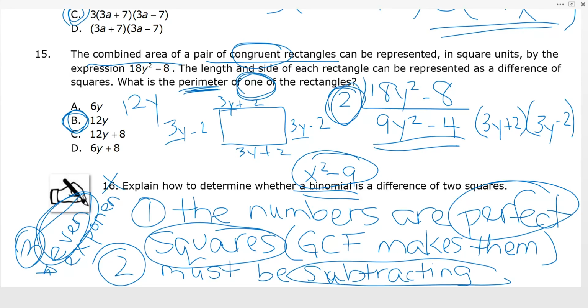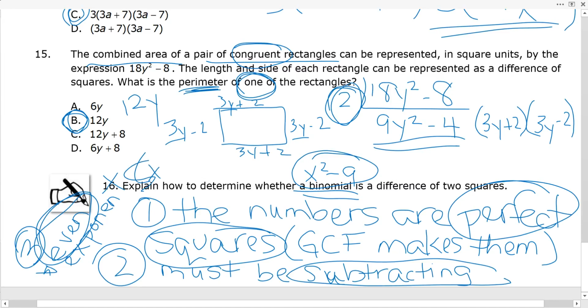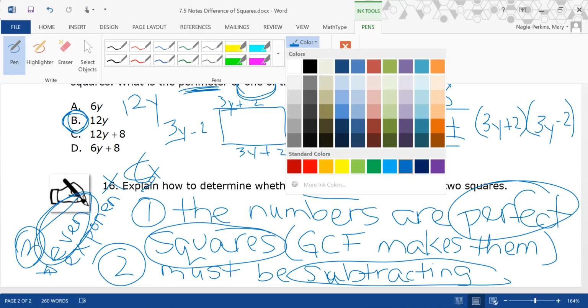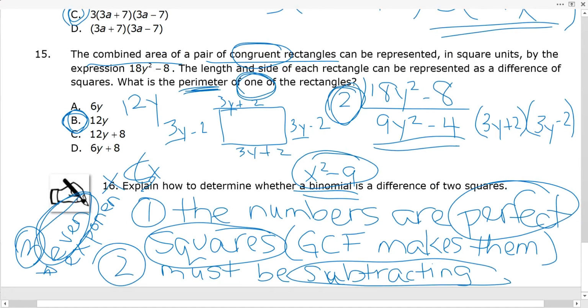A lot of you were doing this when the signs were the same. We had x squared, and I'll just do this in a different color because this was something y'all did before and it made me kind of cranky. If I have x minus 3 squared, it is not x squared minus 9.